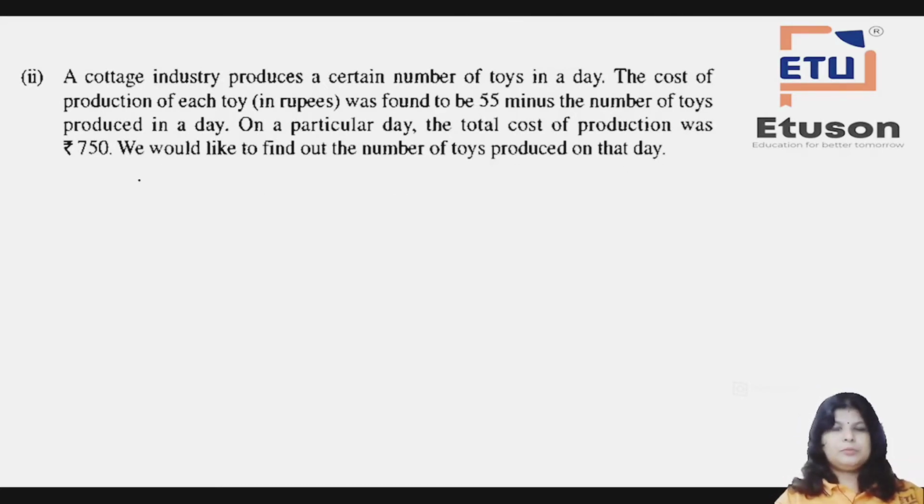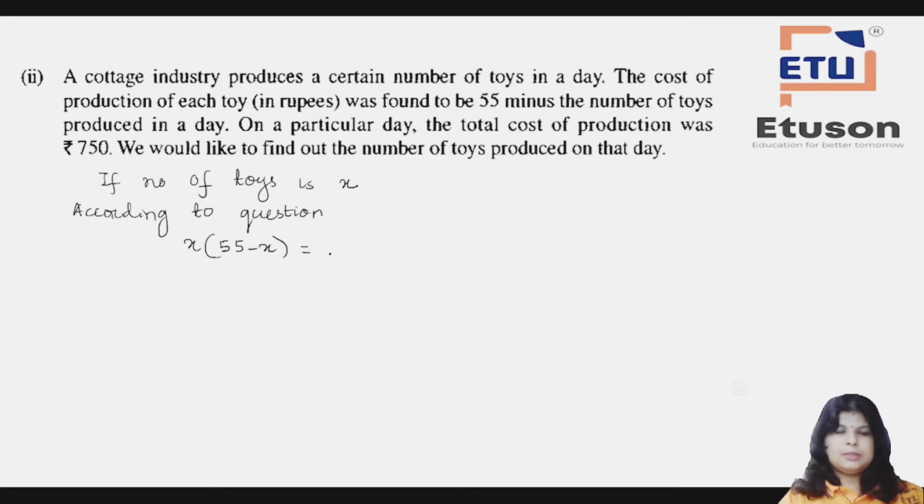So, if the number of toys is x, then according to the question, you can frame the given statement as an algebraic expression. You have x into 55 minus x, which is the cost, equal to rupees 750.